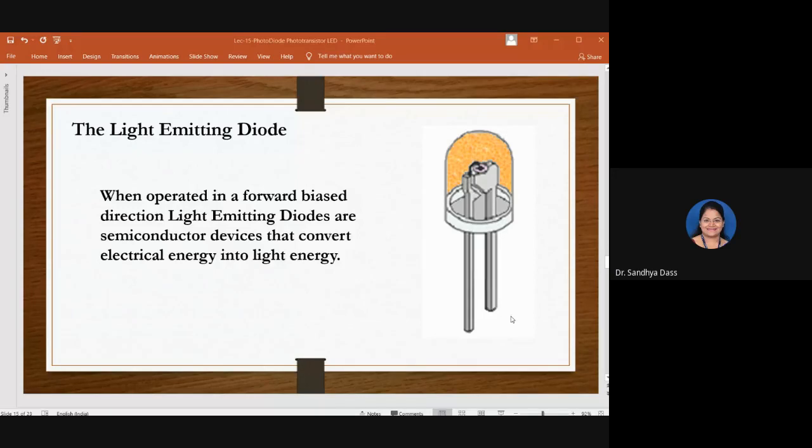When the diode is forward biased, electrons from the semiconductor conduction band recombine with holes from the valence band, releasing sufficient energy to produce photons, which emit monochromatic, that is single color, light.